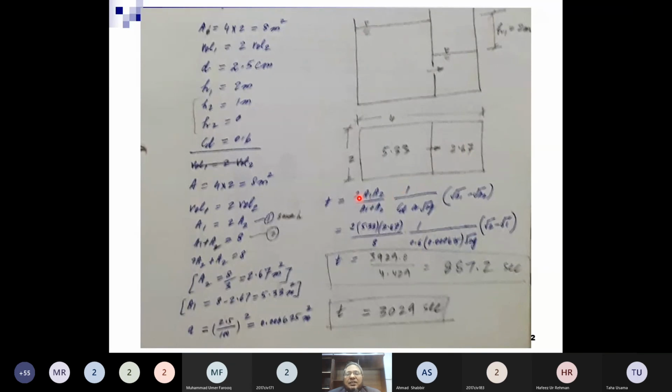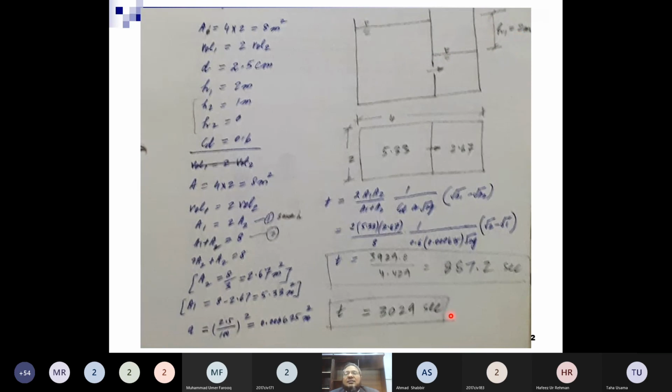And now we know the area 1 and area 2 and small a and h1 and h2. So we can easily use this equation for the flow of water between two tanks through an orifice, and once you substitute these values, you will get time 887.2 seconds for the difference of water levels to change from 2 meter to 1 meter.